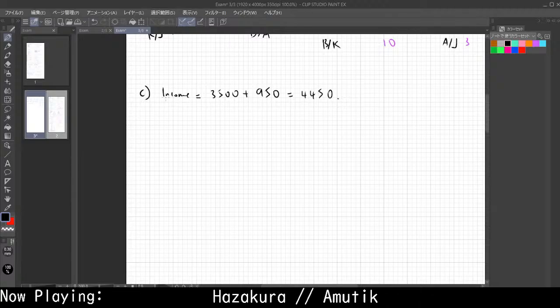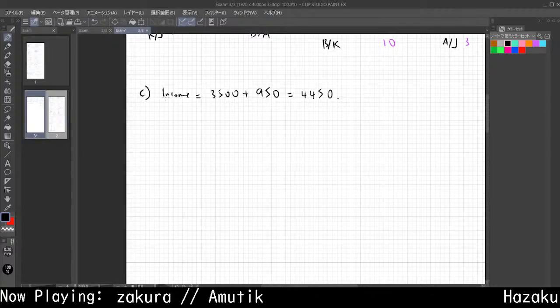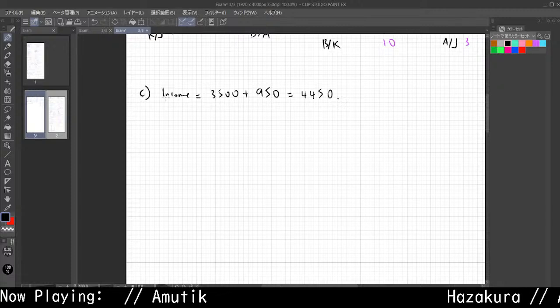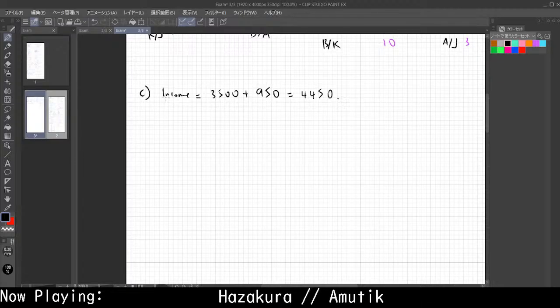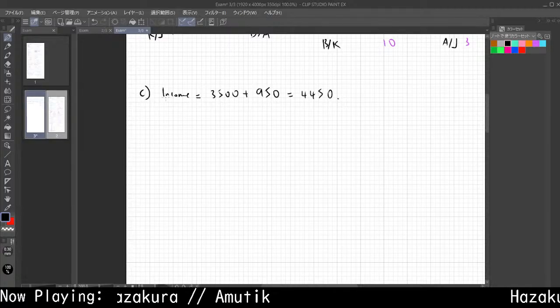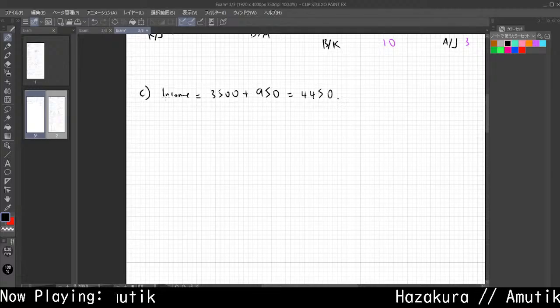Fixed deposit is a type of tool where you put your money inside for a fixed amount of time, where you accrue interest throughout the period, and you can only take out that money after that period ends. So the interest is very little.